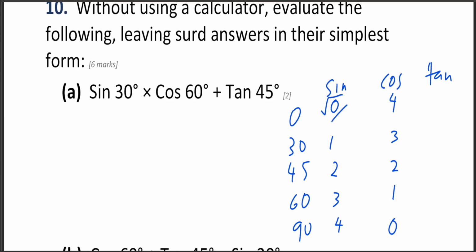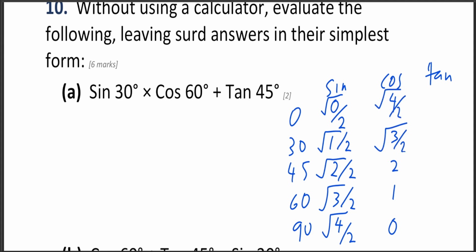Utapiga square root divided by 2, square root divided by 2, square root divided by 2, square root divided by 2, and square root divided by 2. The same thing goes to cos as well.